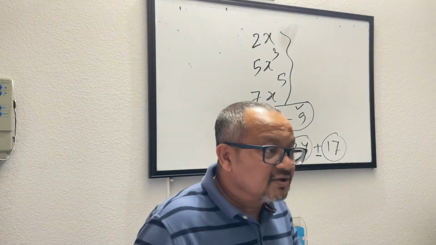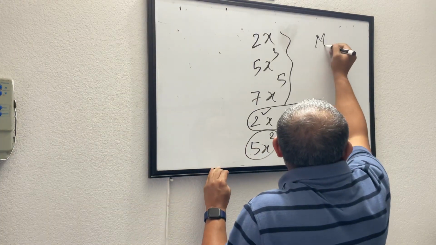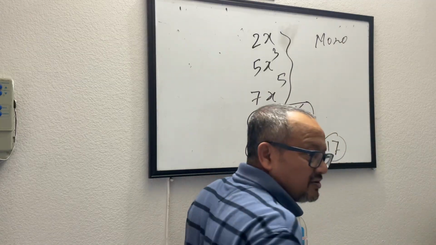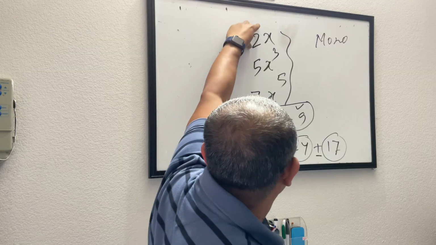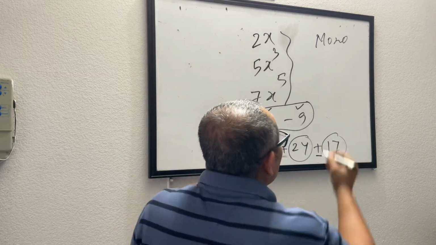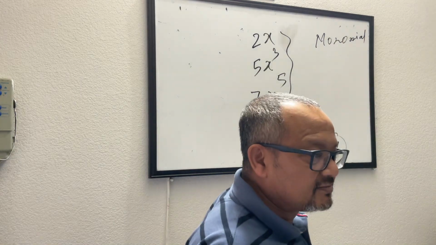So based on the number of terms you have in an expression, they are given different names. And again, a lot of things in math have come from India and Greece. In Greek, mono stands for one. So all the expressions with only one term are called monomial expressions.